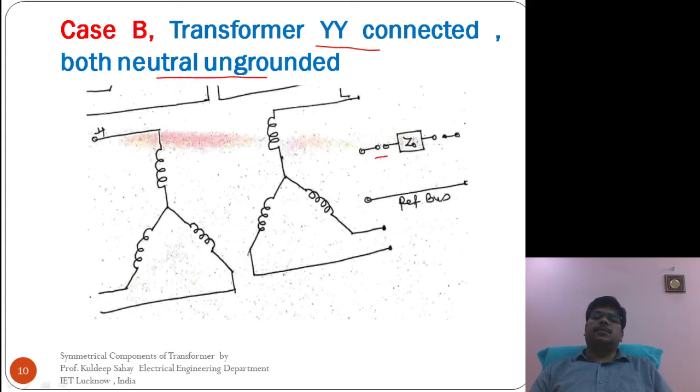So this switch A and this switch B will remain open, while again both sides are star connection, there is no delta, so the shunt switches have also been left open. So this is the equivalent representation of a star star connected transformer, both neutrals ungrounded.